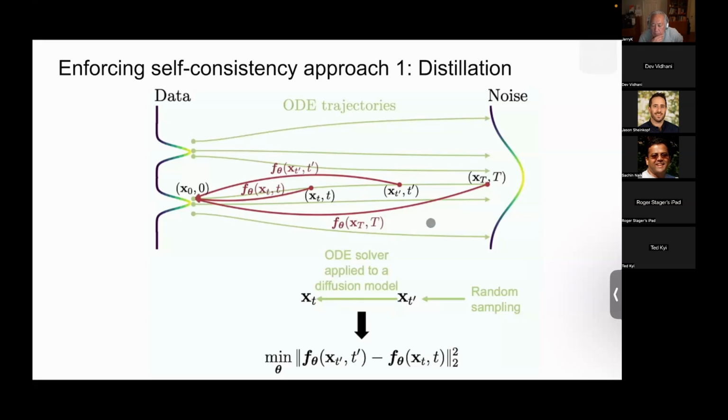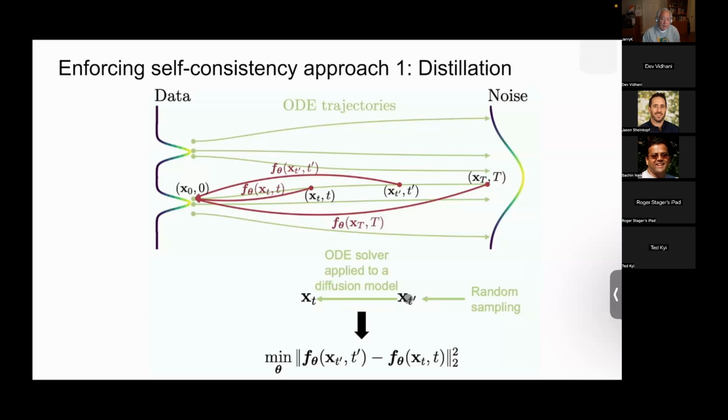Once again, you have your pre-trained diffusion model. From that, you have access to the trajectory, and then you take successive points on that trajectory and minimize this objective function.